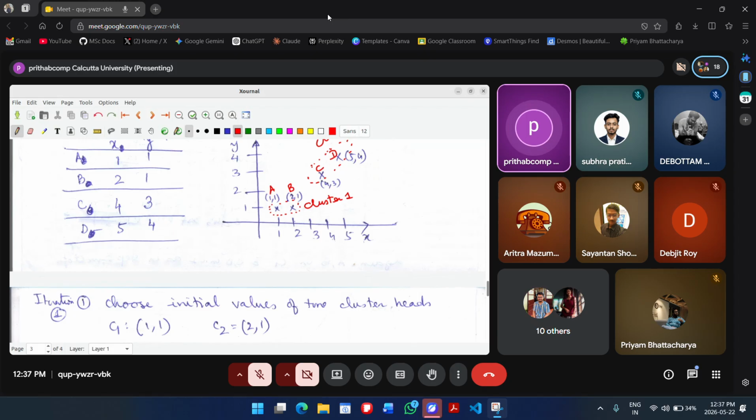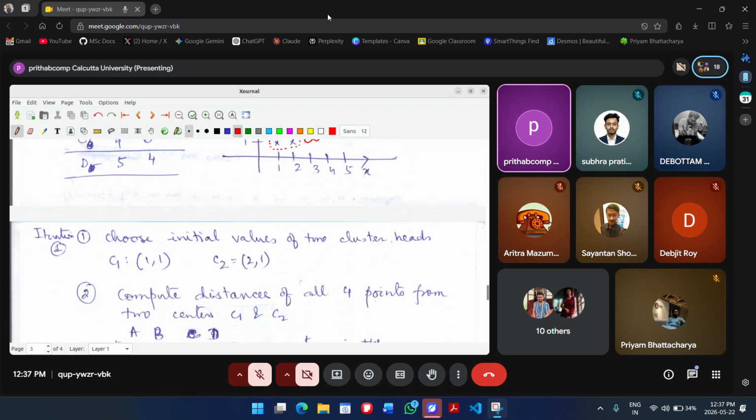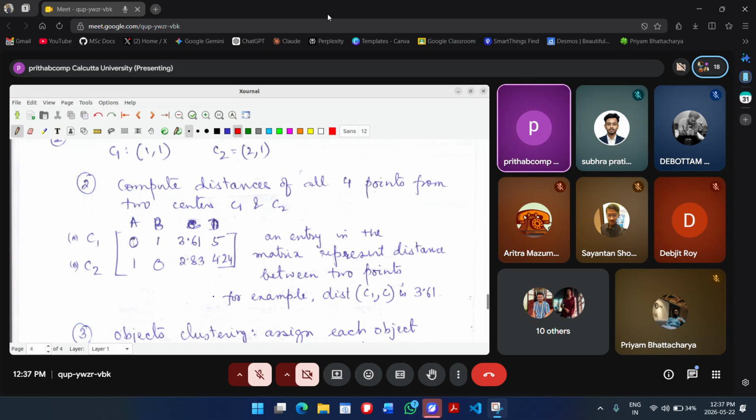So you will see A and B. Initially I've chosen the cluster heads from the same cluster. Then you compute the distance of all 4 points from the 2 centers C1 and C2. This gives the distances of ABCD from C1 and from C2.